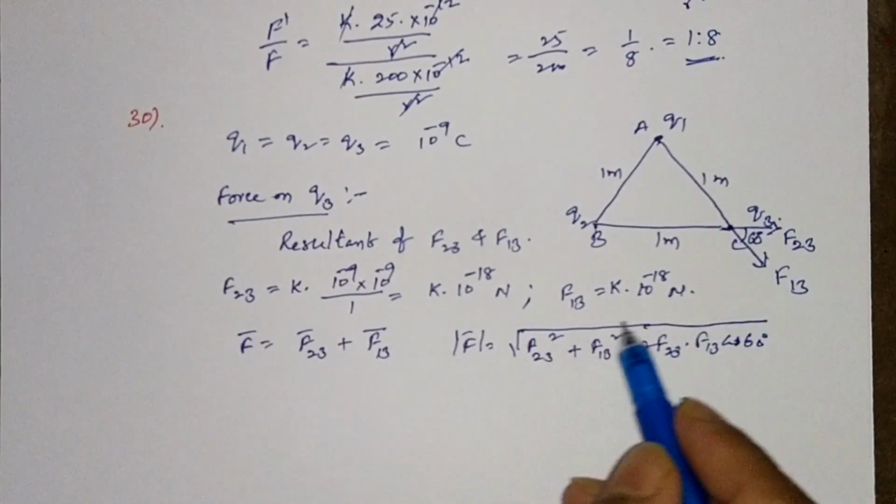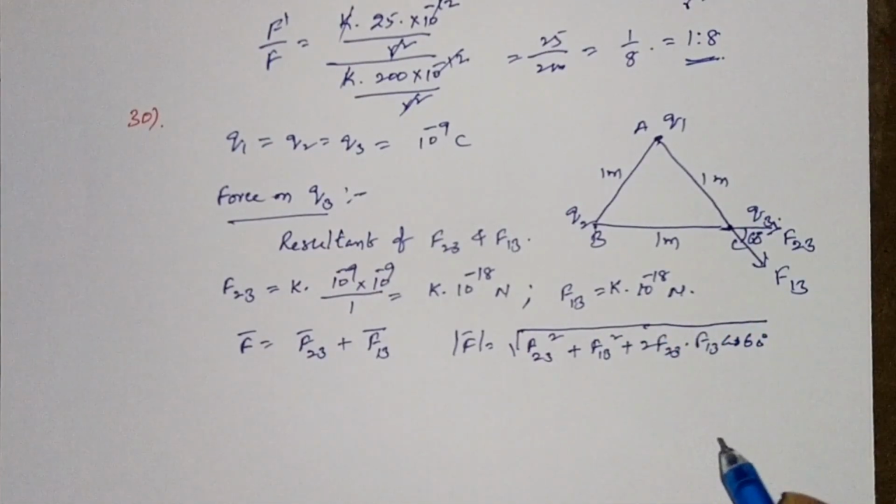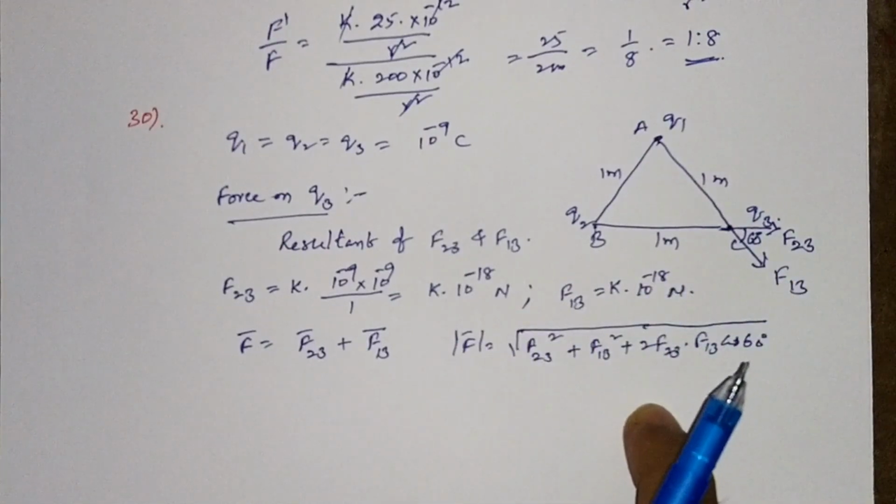Now you substitute the values and simplify that, you will get the answer. The answer for that is 9 into 10 power minus 9 into root 3. Just simplify that. I explained how to calculate that.